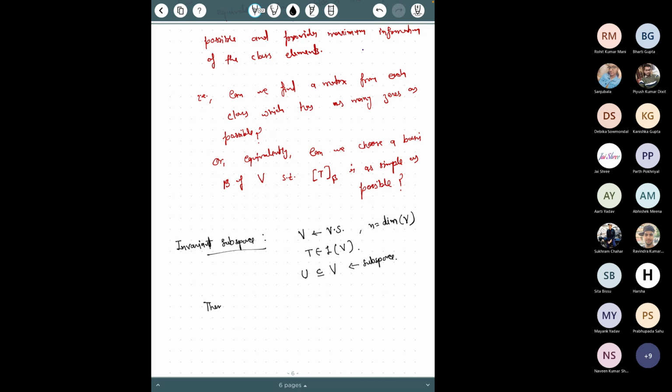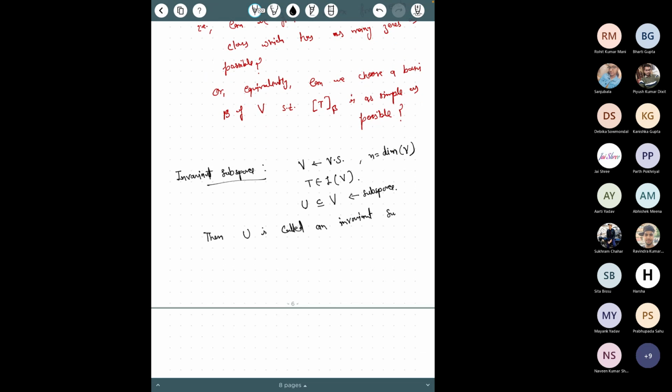Then this U is called an invariant subspace of V under T, invariant under T, if T of u belongs to U, that means T of u is in U for all u belonging to U. All right.